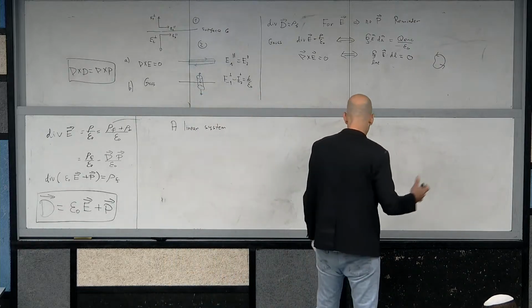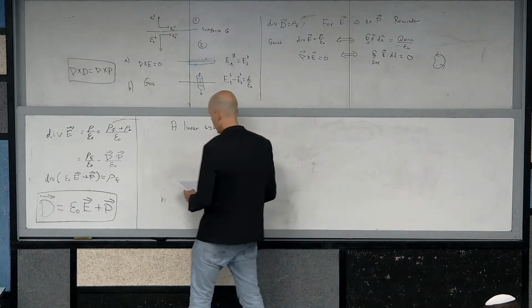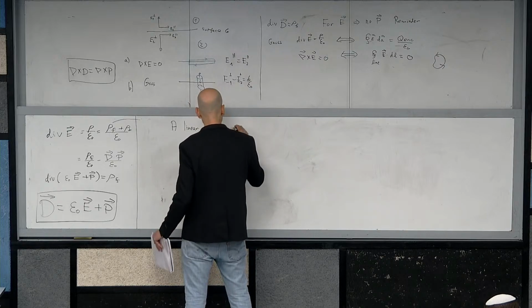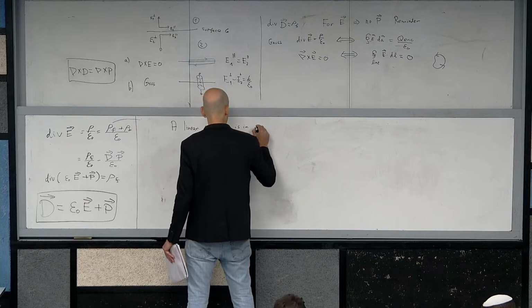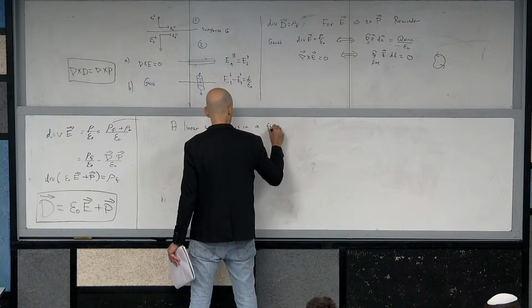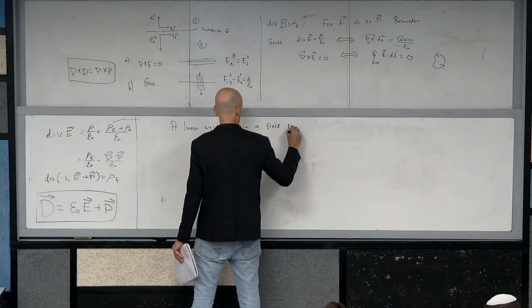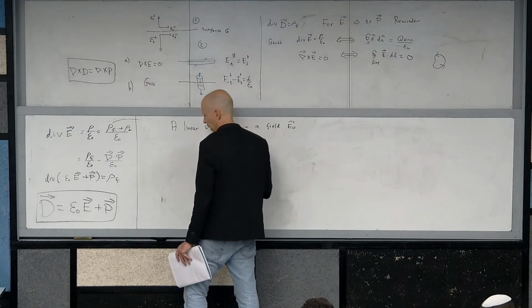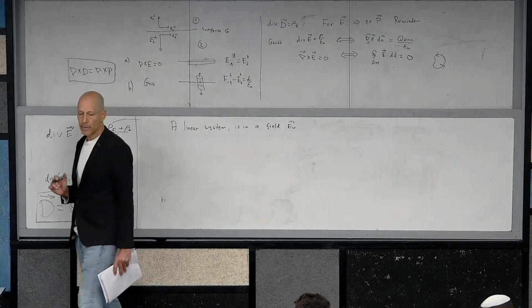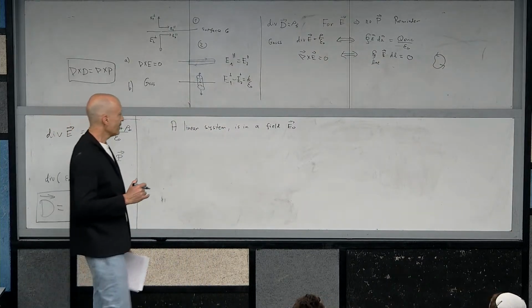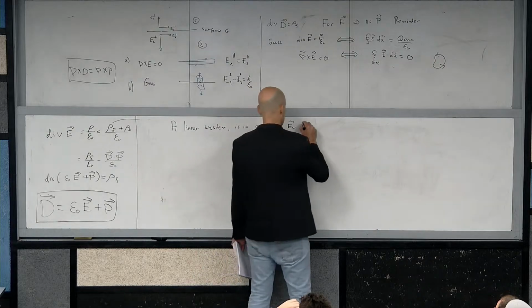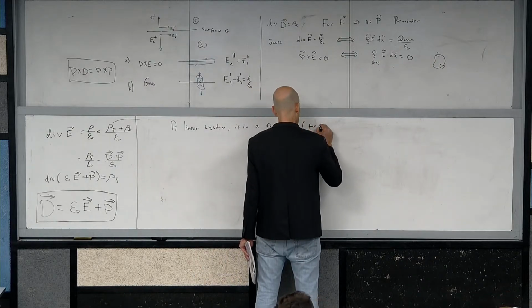The polarization is linear in E, in a field epsilon 0, E0. This is the electric field E0. This is an electric field which is far from the system.